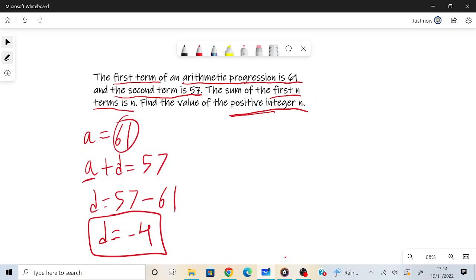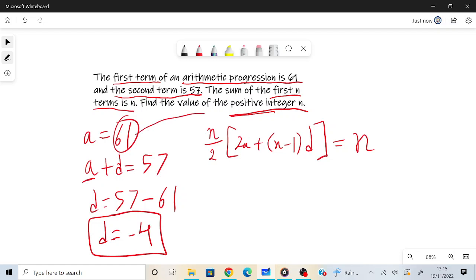So with our formula, we know that n over 2 brackets 2a plus n minus 1 d is equal to the sum of the terms, which in this case is also n. Now all we have to do is substitute our a and d values and see what kind of equation we can derive.